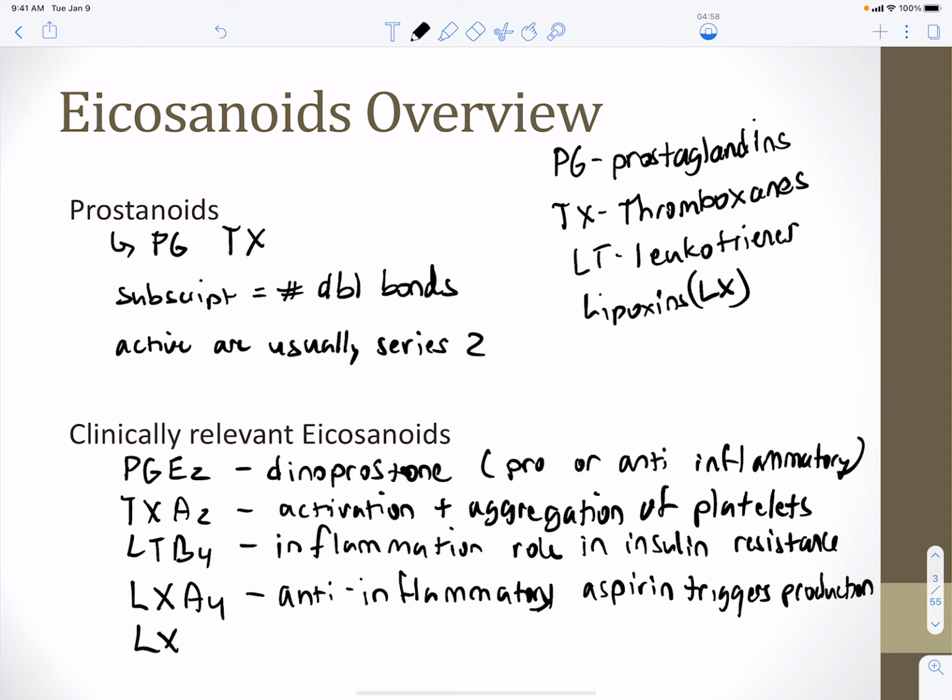And we have lipoxin B4: whenever you measure increased levels of lipoxin B4, this is a signal that the inflammatory response is resolving.